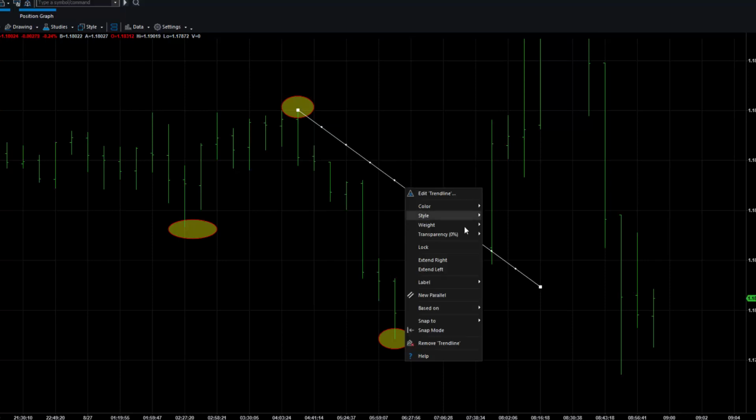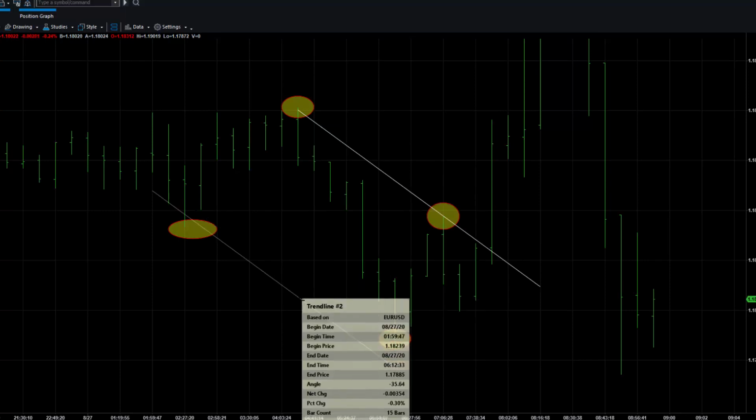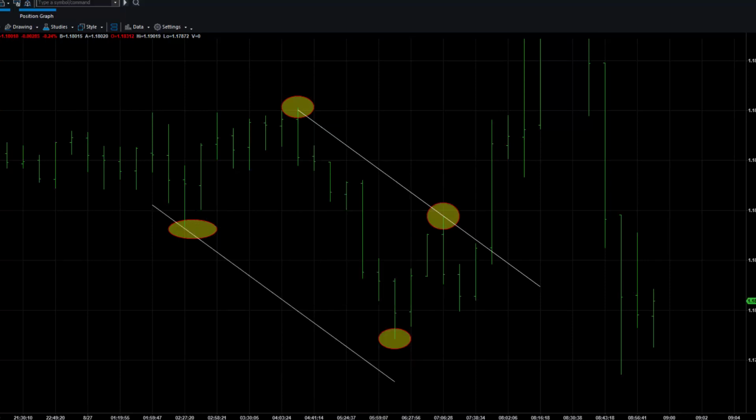Another thing you could do is just draw a parallel and draw it here. So in all, if you look at how price is behaving, this tells me that we're in a downward channel, and I could possibly expect it to move lower, except one major thing.